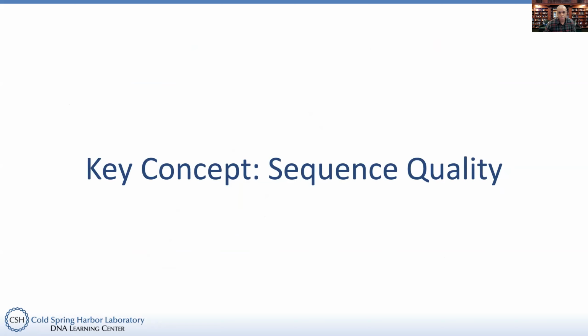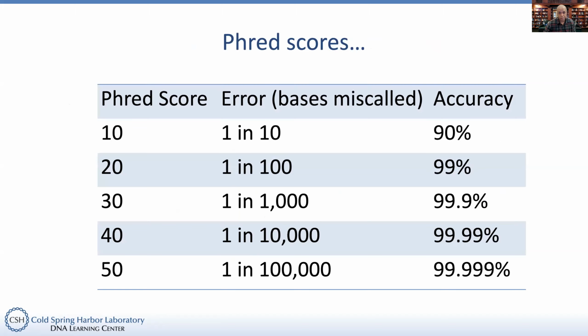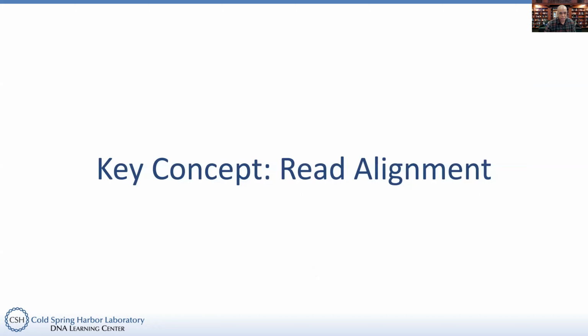And in sequence quality, we talked about the fact that even though we end up with millions of reads, and we may have many hundreds of base pairs per read, really every single nucleotide call has a score attached to it, a Phred score, which gives us the idea of whether it was a good quality read. You need to have good data in any experiment in order to trust that the results are good. And so we talked about how we evaluate that.